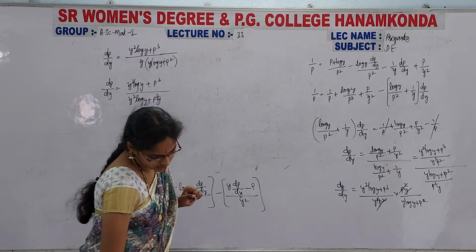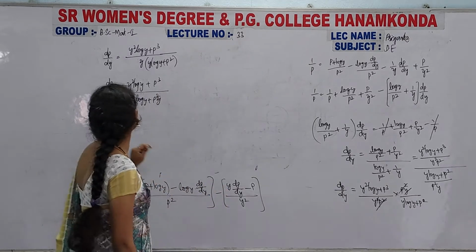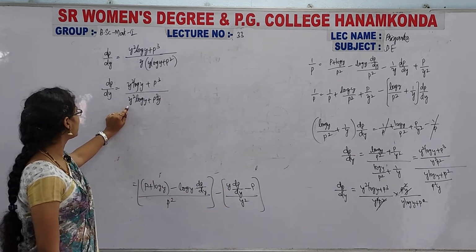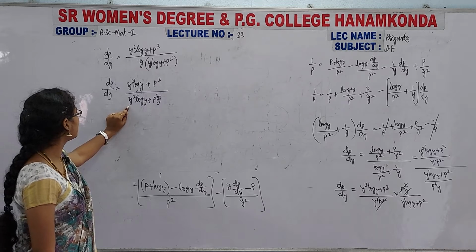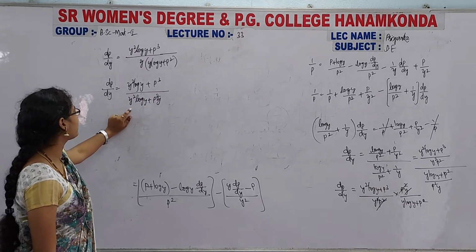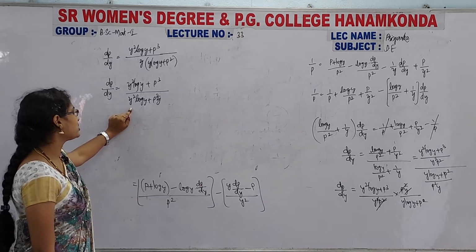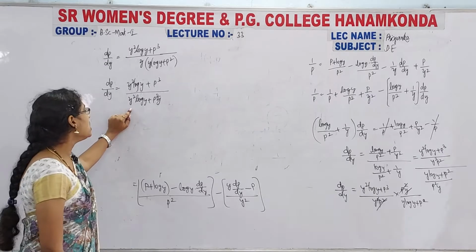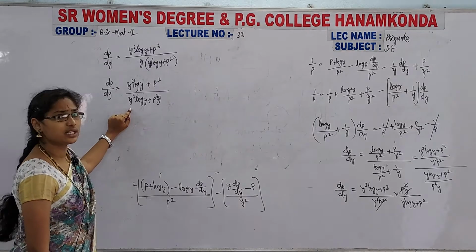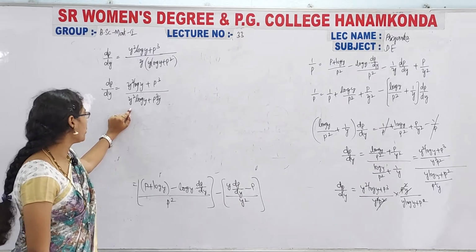So now directly we will get that dp by dy is equal to (y square log y plus p cube) by (y square log y plus p square y). Now I am checking whether it is possible to cancel. Actually no, right?